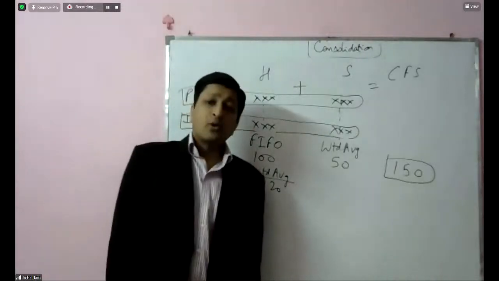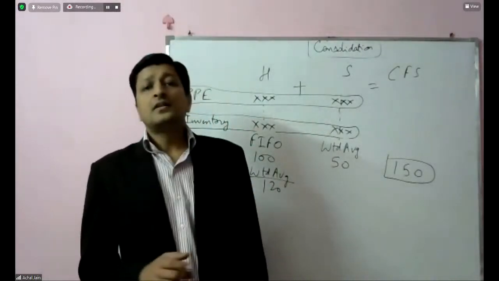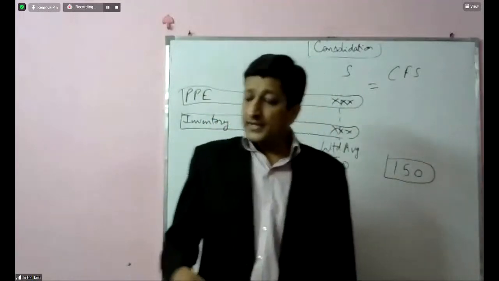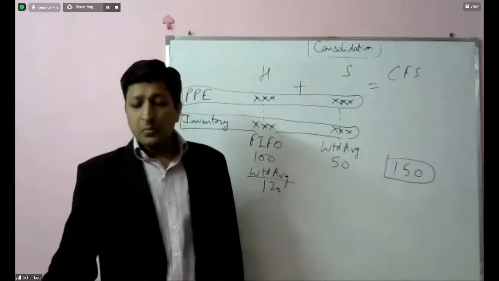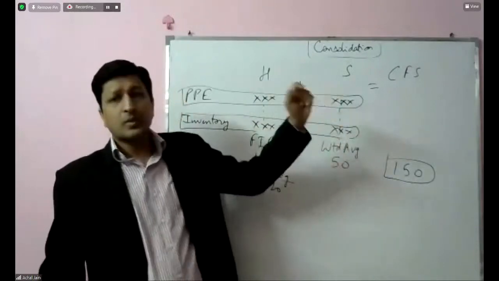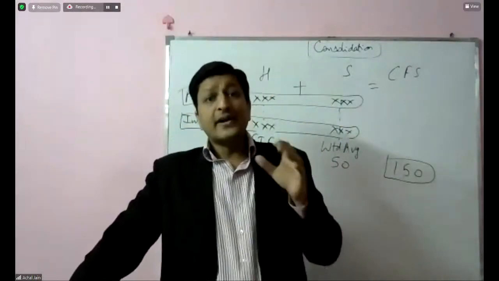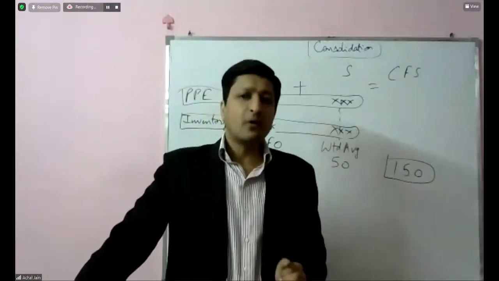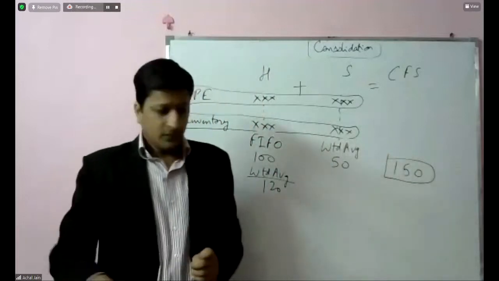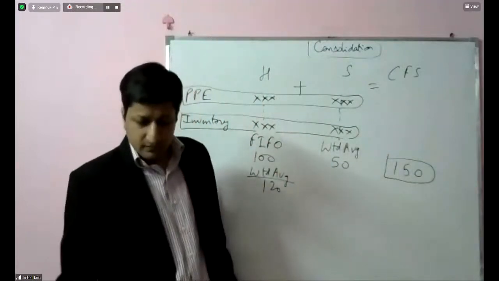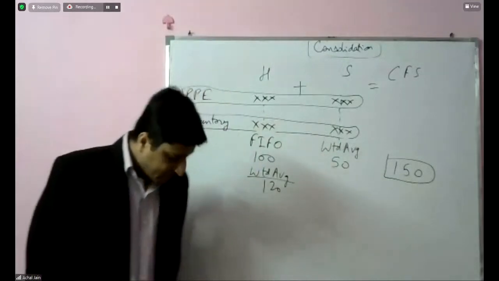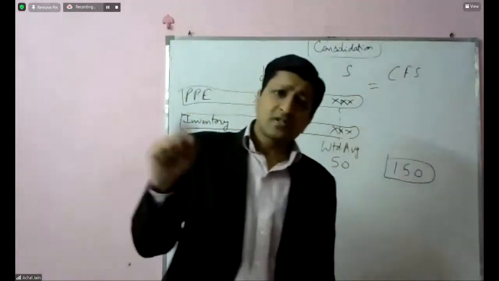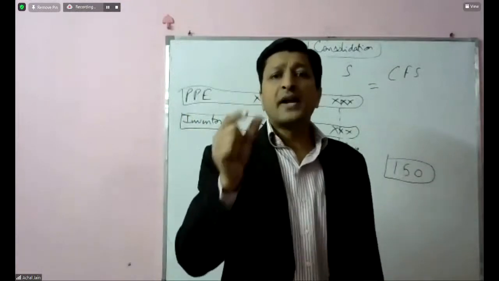So now the accounting standard says that whenever you prepare the consolidated financial statements, make sure that uniform accounting policies are followed by all the group companies. If standalone financial statements contain different accounting policies, let's suppose one company follows FIFO and the other follows weighted average, then for the purposes of consolidation, those should be made uniform.